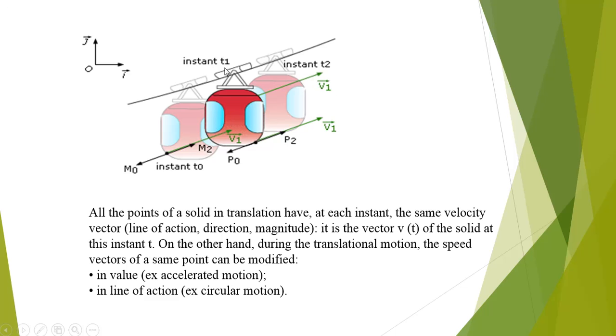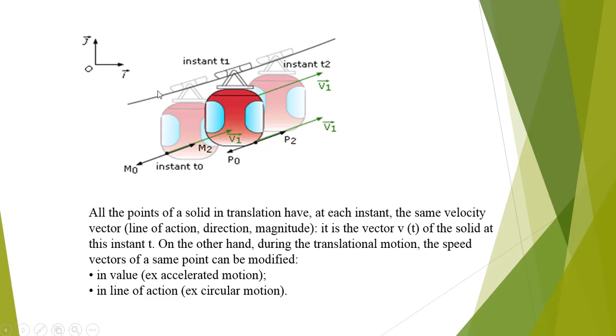So, all the points of a solid at each instant, for example at instant t1, have the same velocity vector, or the velocity vectors of all points are identical because these velocity vectors have the same line of action, same direction, and same magnitude.